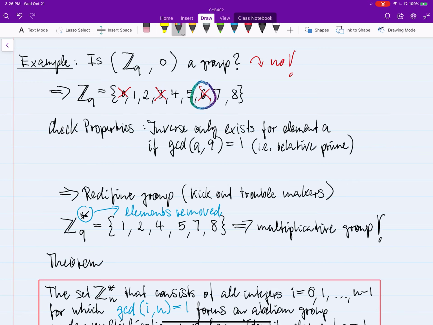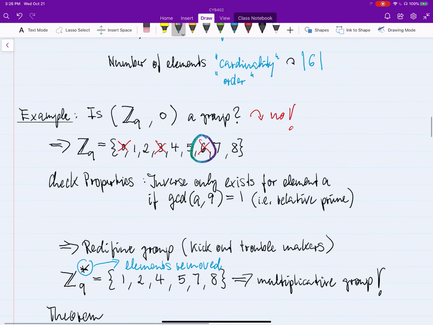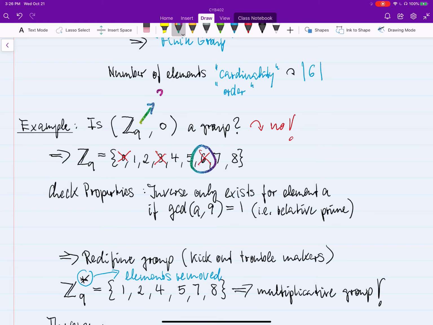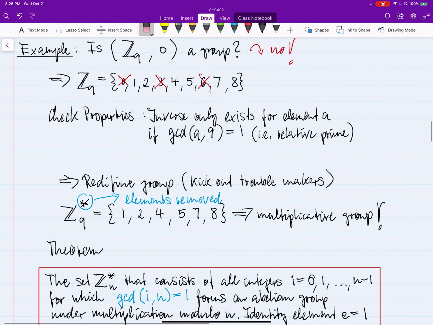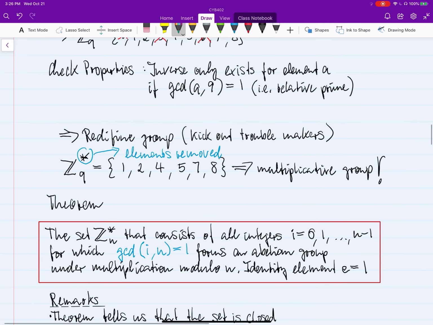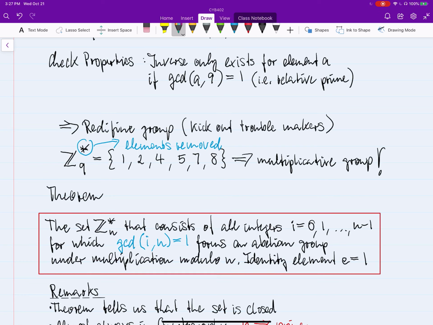This is because 9 is composed of 2 prime factors. It's 3 times 3. And if you start sharing one of these threes with a group element, then this group element obviously does not have an inverse. And this is a problem. So at this point, what we can do is just throw out these troublemakers. And this is what we're going to do. So we can refine our group.